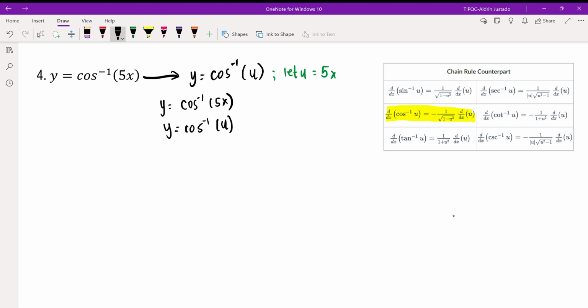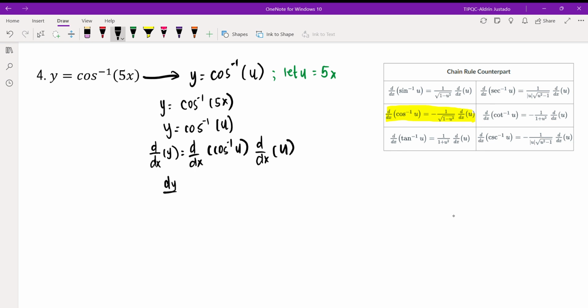So differentiate each both side of equation with respect to x. D over dx of y equal to derivative of your arc cosine of u, okay, times the derivative of your u. Tama ba?